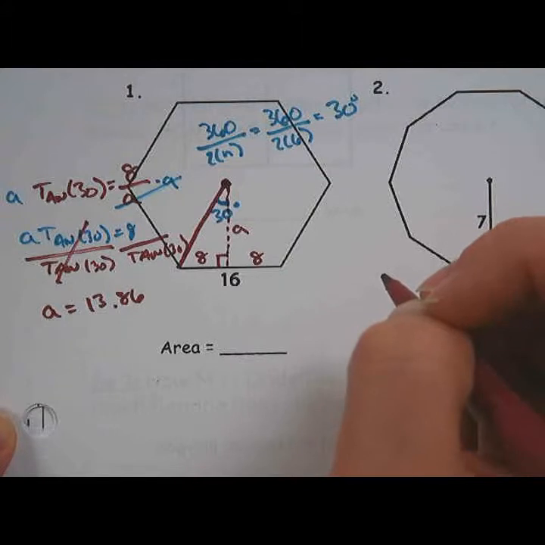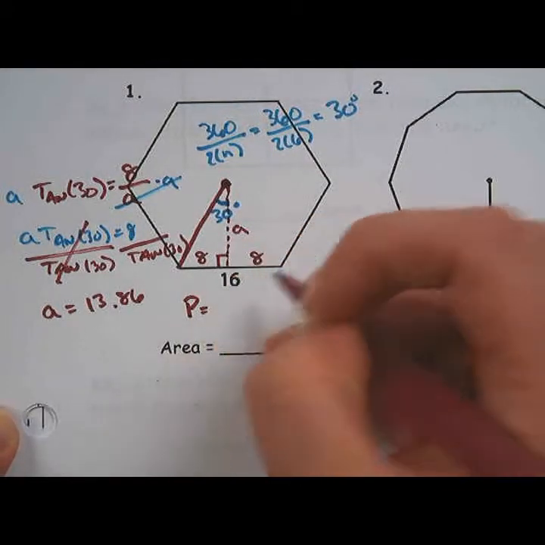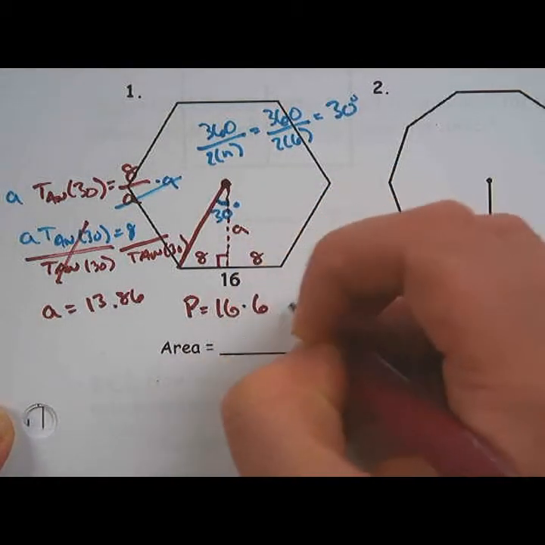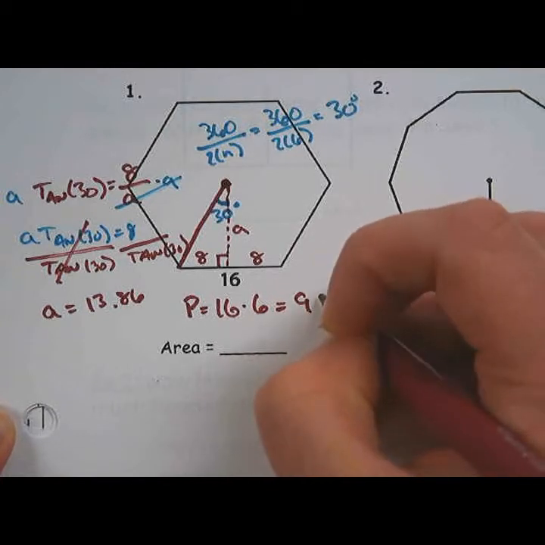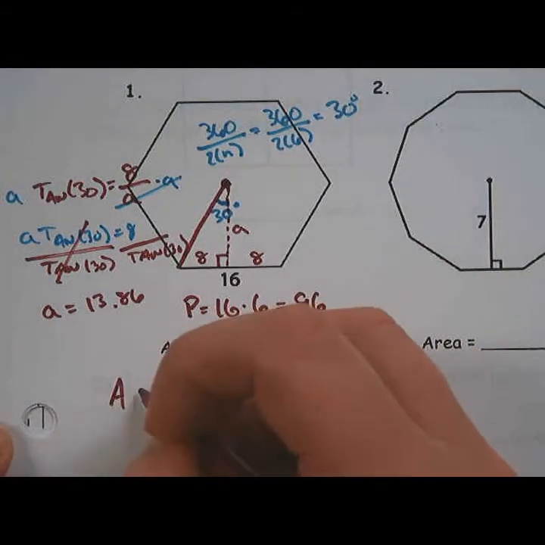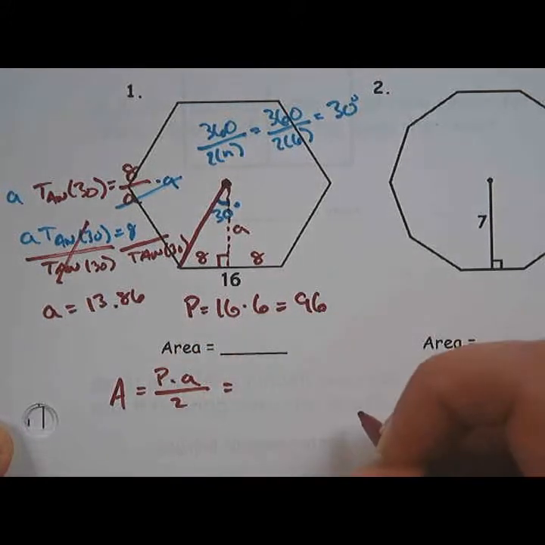Okay. And then my perimeter, as I mentioned briefly before, is just 16 times 6 because that's how long this side is, and there are 6 of them. So that gives me 96. Now I'm all ready for my area equation. Area equals perimeter times apothem divided by 2.